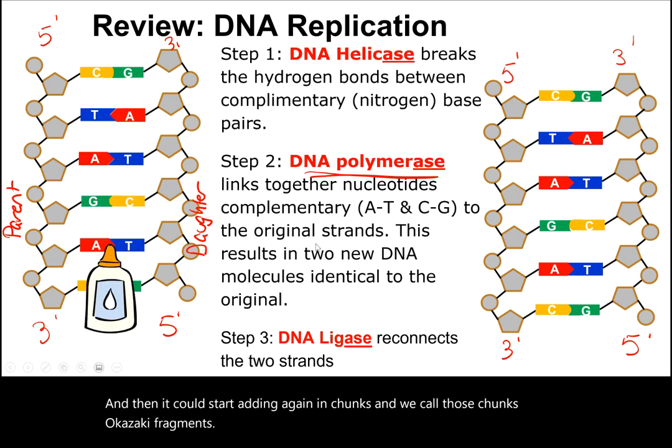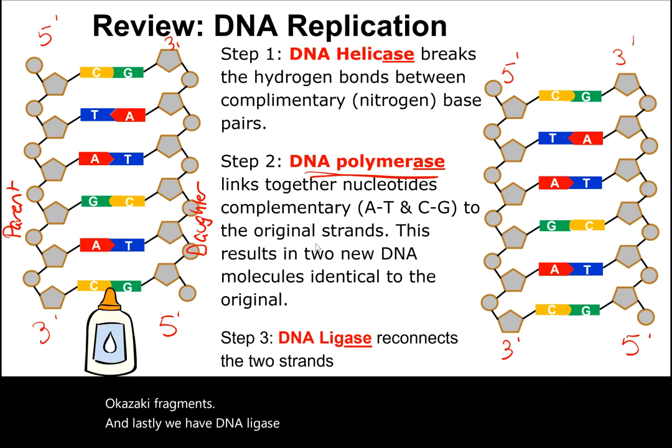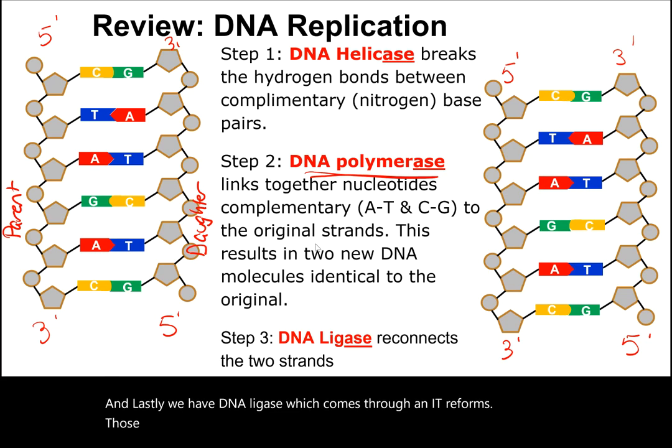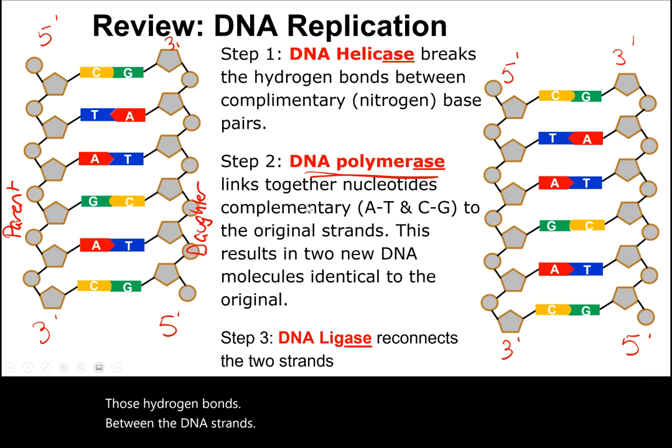And lastly, we have DNA ligase, which comes through and reforms those bonds between the DNA strands. And that's kind of a summary of what we talked about last lecture.